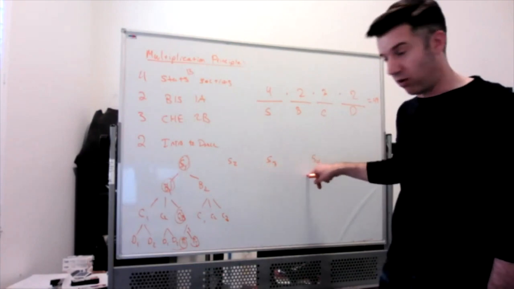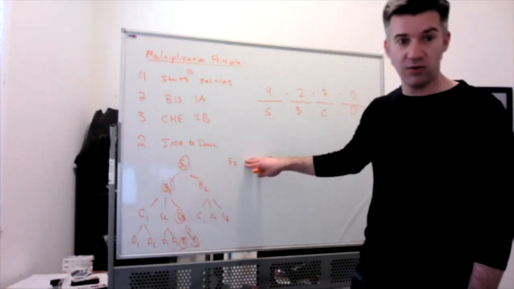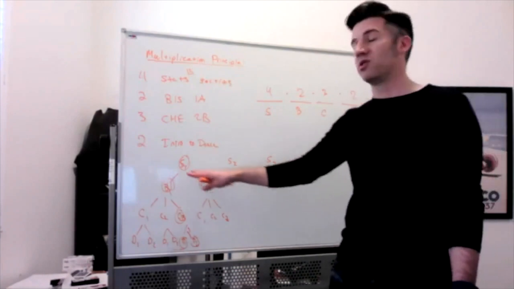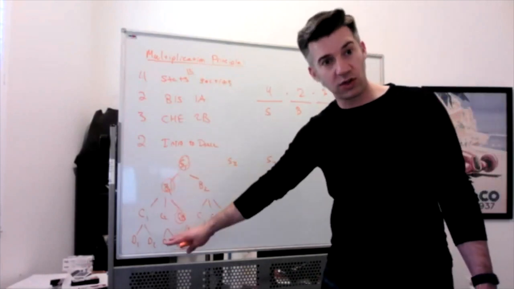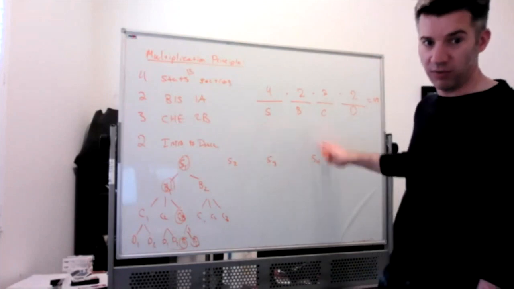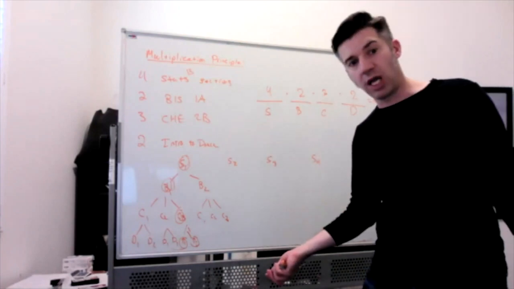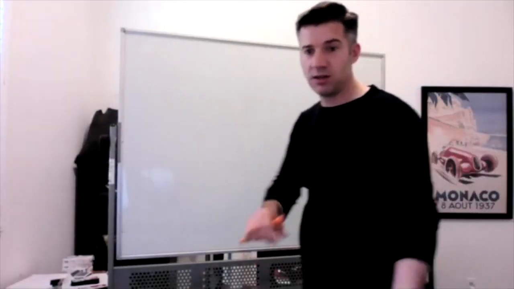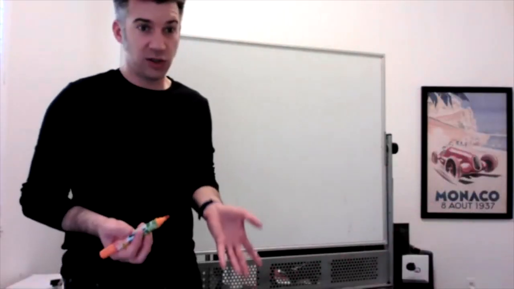So there are 12 distinct course choice patterns here, 12 here, 12 here, and 12 here, for a total of 48. So the multiplication principle is pretty straightforward.